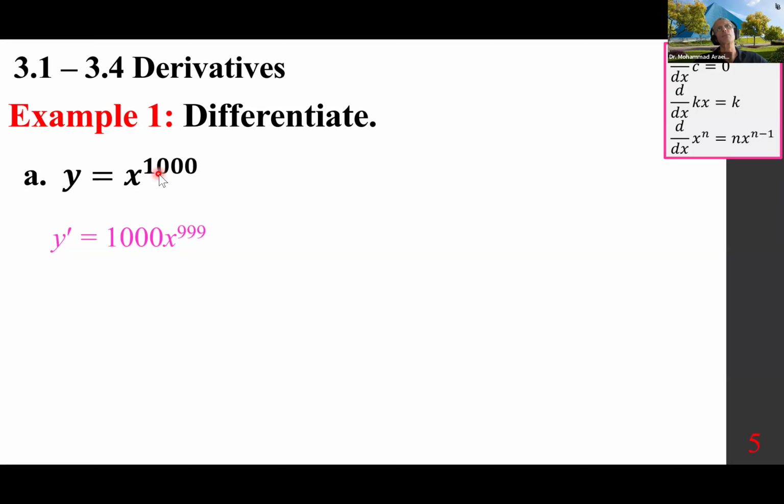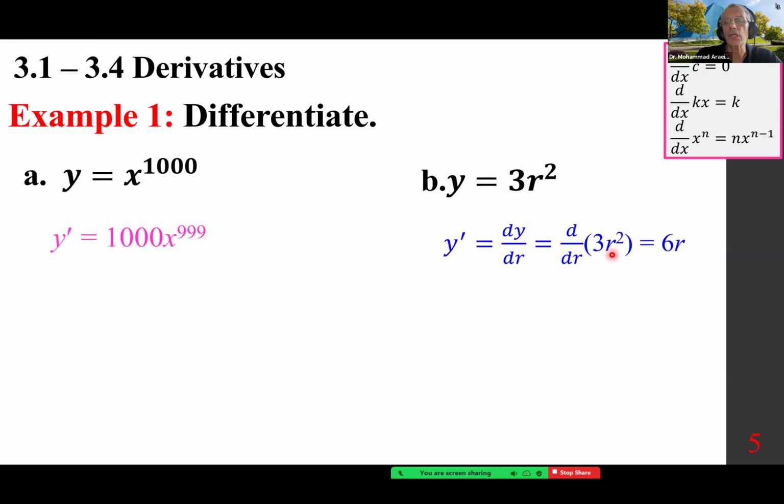y equals 3r squared. We are taking the derivative with respect to r. r is the independent variable. On purpose, I'm using a different variable. It doesn't have to be x. So you want the derivative with respect to r, and you can write d dr of 3r squared.